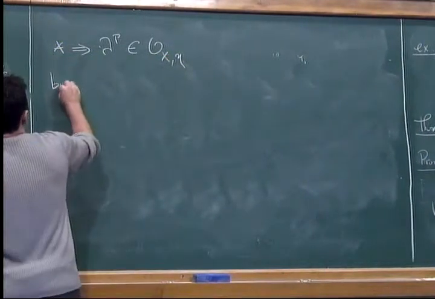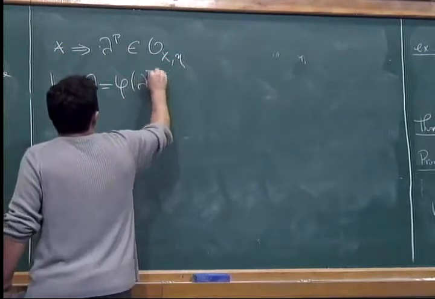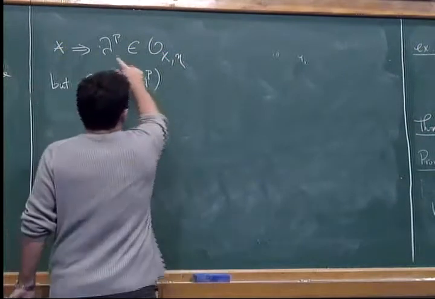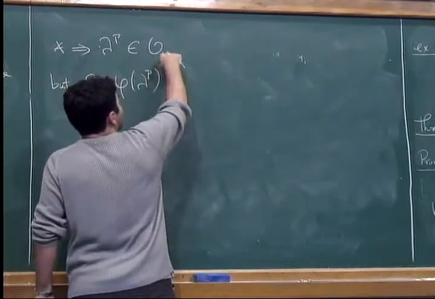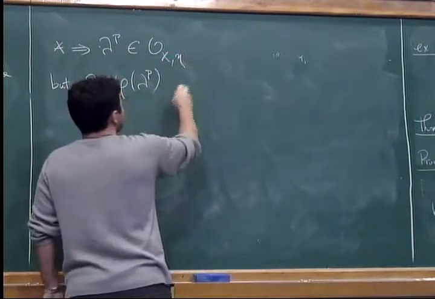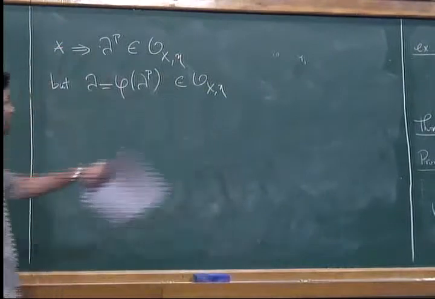Now, lambda, again, is phi of lambda to the power p. If lambda to the power p is in this ring, as phi is a splitting of X, this has to be, again, a regular function at eta.